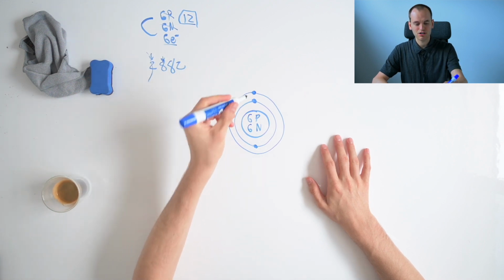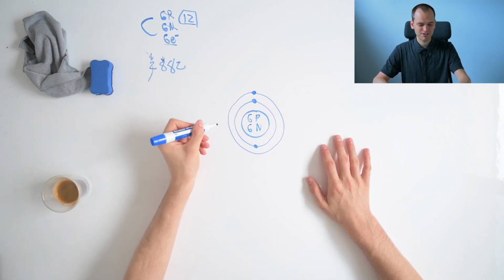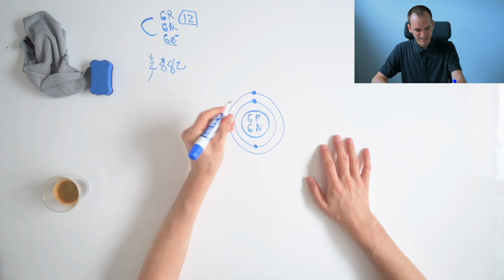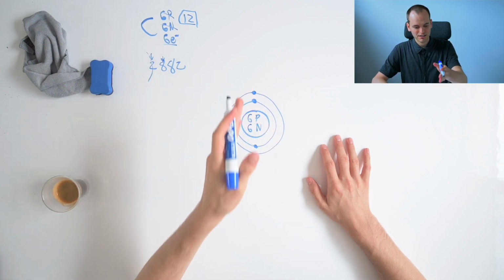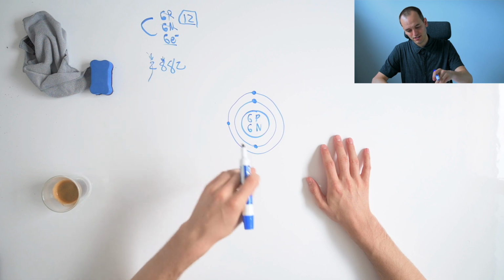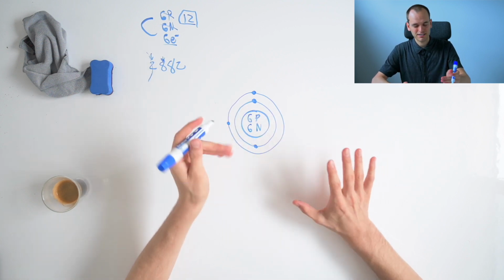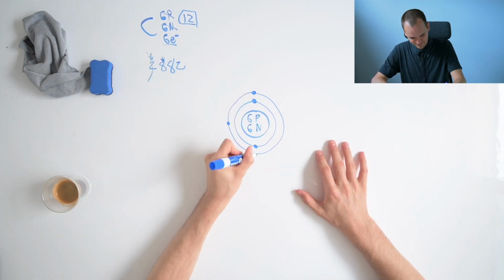And that is to draw your electrons by themselves first at 12 o'clock, 3 o'clock, 6 o'clock, 9 o'clock, like on a clock.